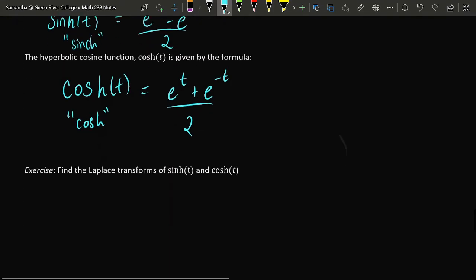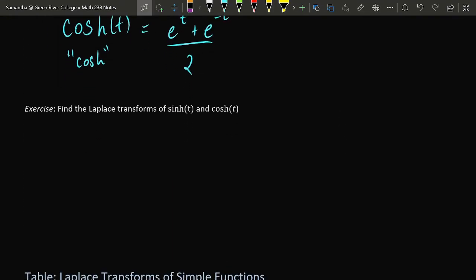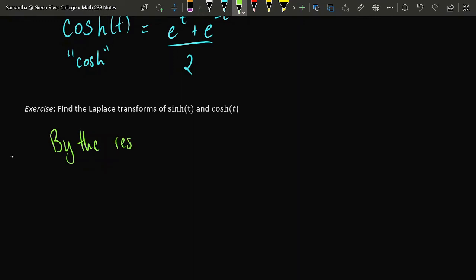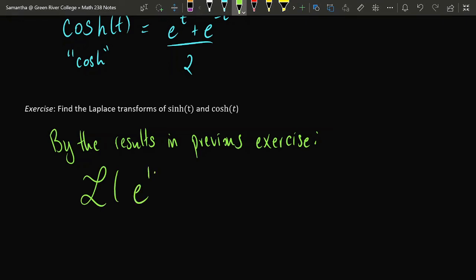So let's find the Laplace transforms of sinh and cosh, the hyperbolic sine and the hyperbolic cosine functions. Now the first thing that I'm going to note is that by the results above, in the previous exercise, we can get the Laplace transform of e to the positive 1 times t and e to the negative 1 times t.